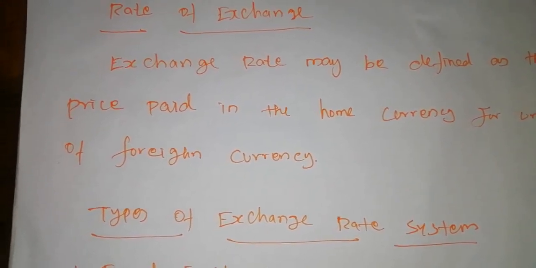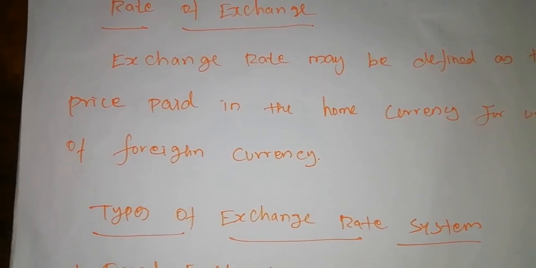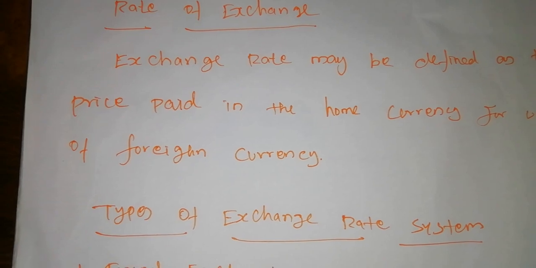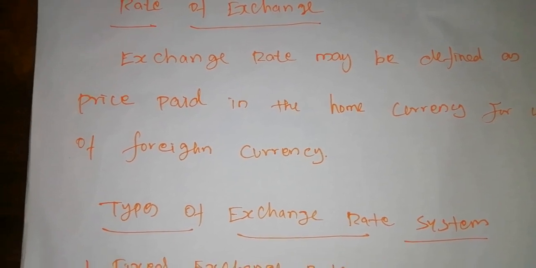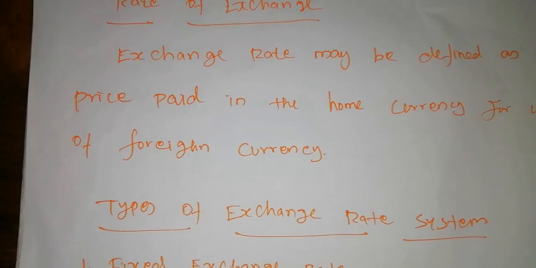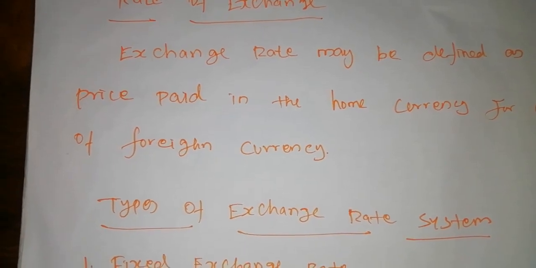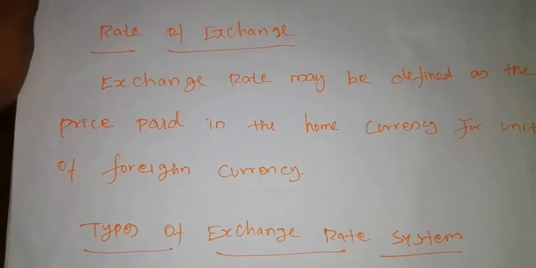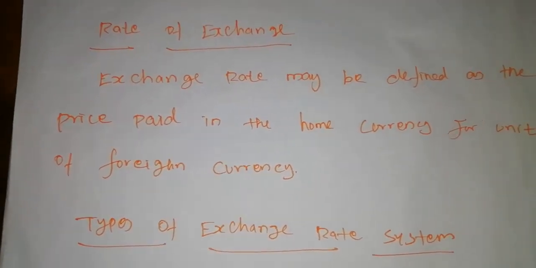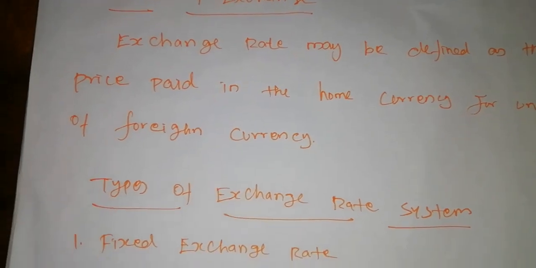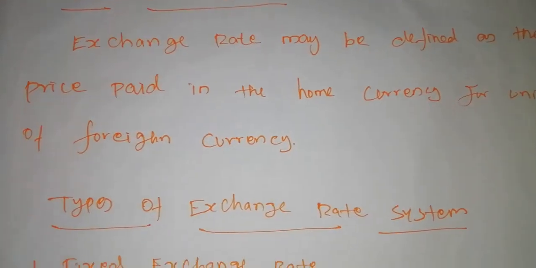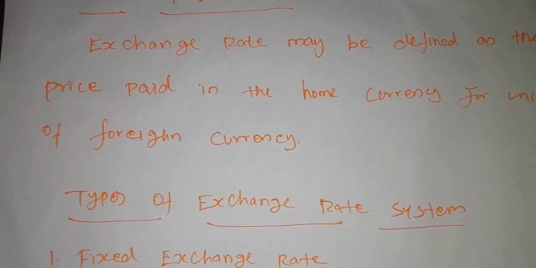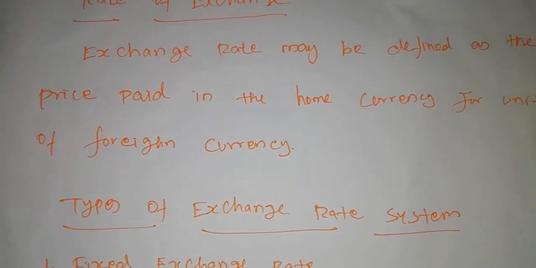So one unit of foreign currency is shown as so many units of domestic currency. When comparing the Indian rupee with the American dollar, 1 US dollar is equal to 70 rupees, or $1 is equal to 1.42 cents.